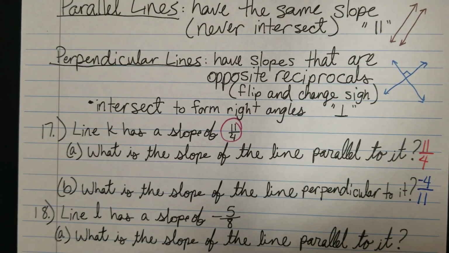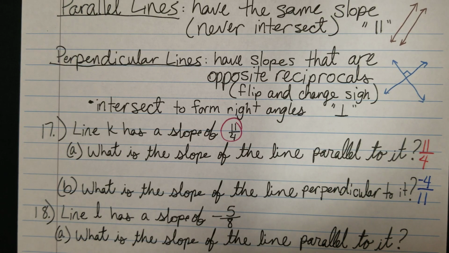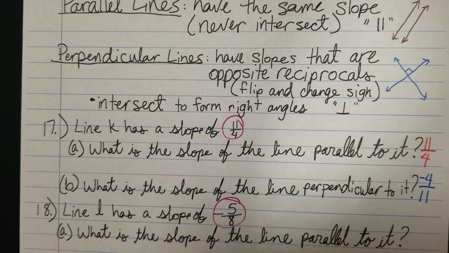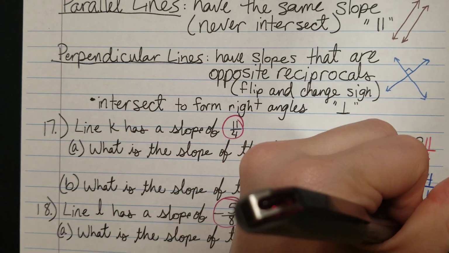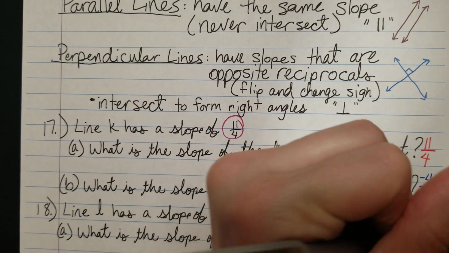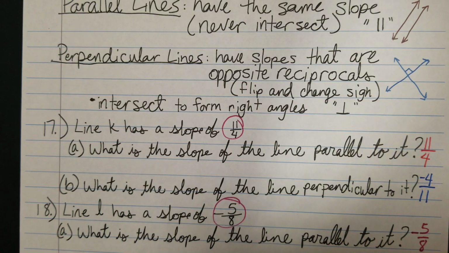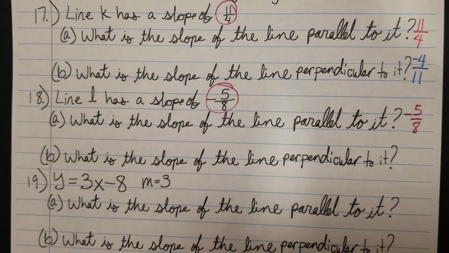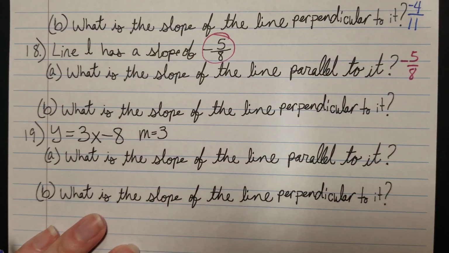Okay, and then if your line has a slope of -5/8, then any line parallel to that will also have a slope of -5/8, and any line that's perpendicular to that would have a slope of +8/5.